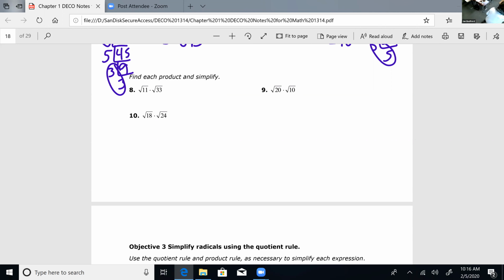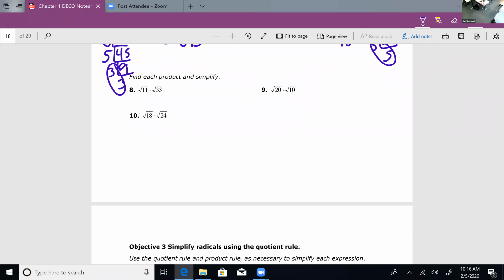So factor square root of 33 into, there you go. If we think of the square root of 33 as the square root of 11 times the square root of 3, then we can see we have a pair of square roots of 11. So how's that thing going to simplify? What's going to come out from under the radical? 11, because I had a pair of those. What's under the radical? Square root of 3.